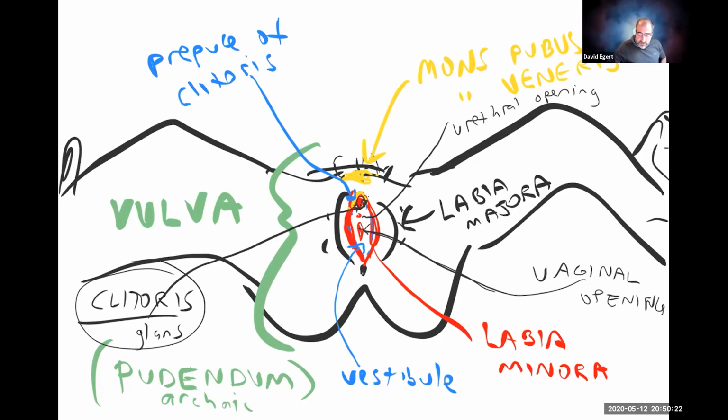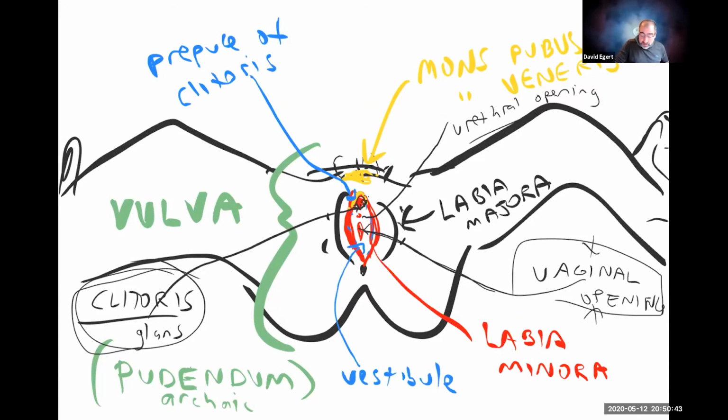This is something I mentioned last time: each thing is kind of separated, whereas the penis has all this stuff rolled into one thing. Here you have the clitoris, a urethral opening, and a vaginal opening, for combining gametes, for peeing.